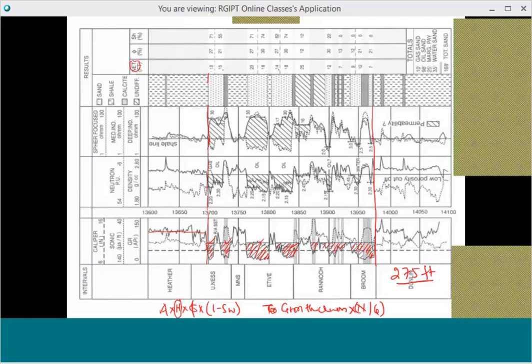48, 30, 78, 88, 96, 5, 101, 121, 123, 133, 140, 149, 150, 161, 168. 168, okay?